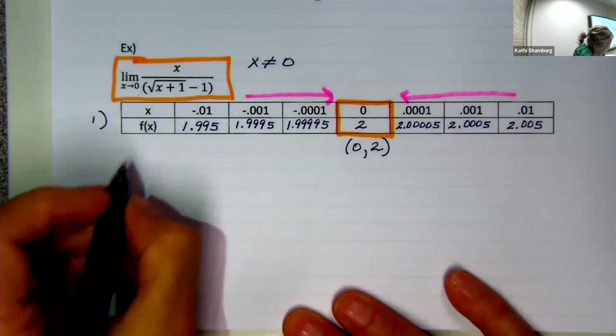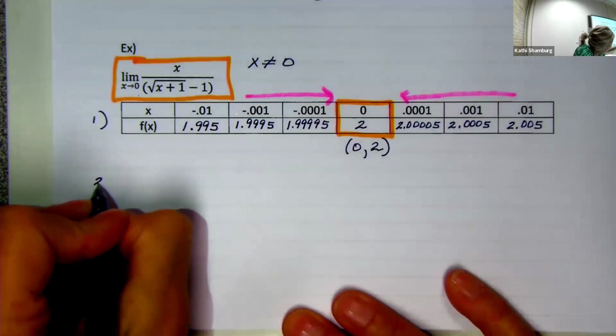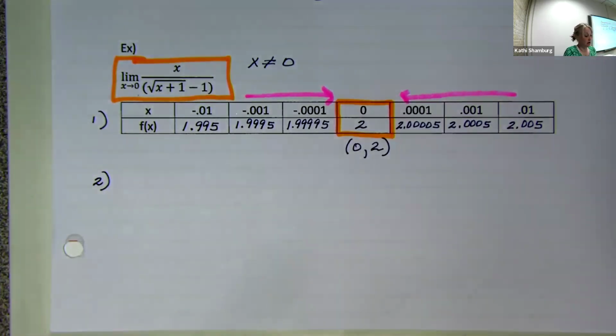So now we're going to do what it would look like as a graph. I'm going to try to get that correctly put into my calculator, or my phone in this case, but Desmos.